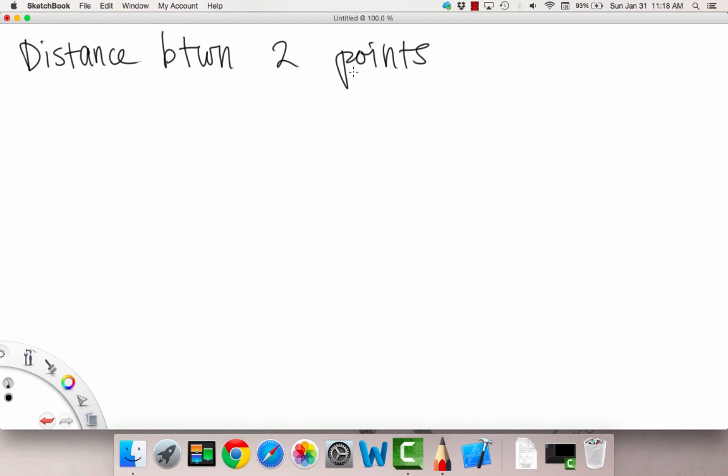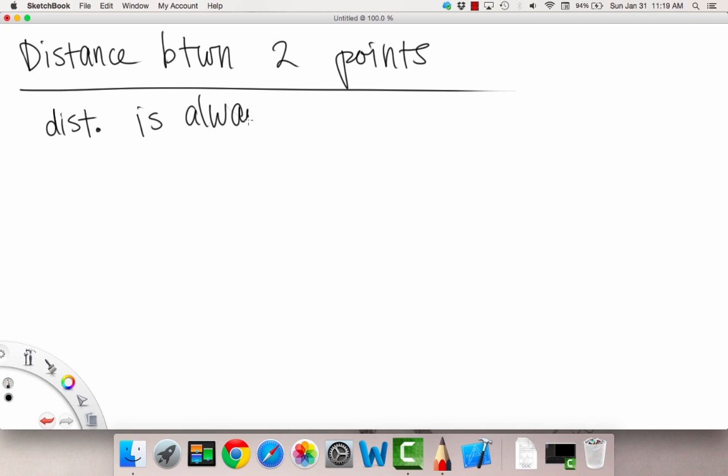So a common application of the absolute value is to determine the distance between 2 points. So I'll just write that down: determine distance between 2 points. The reason why it's a common application is because distance, I'll abbreviate dist, is always positive.